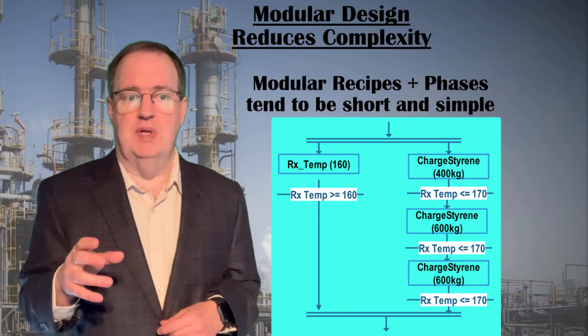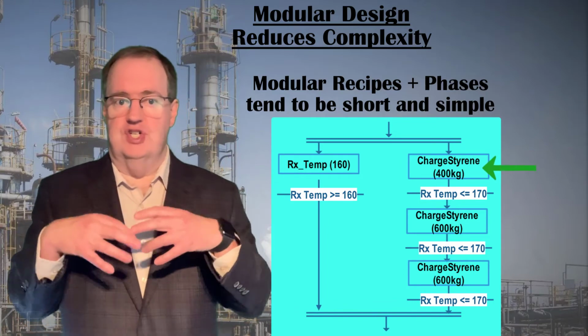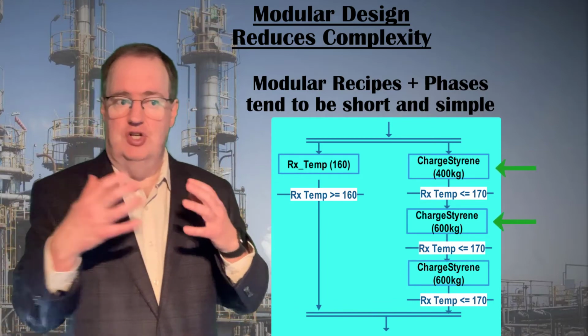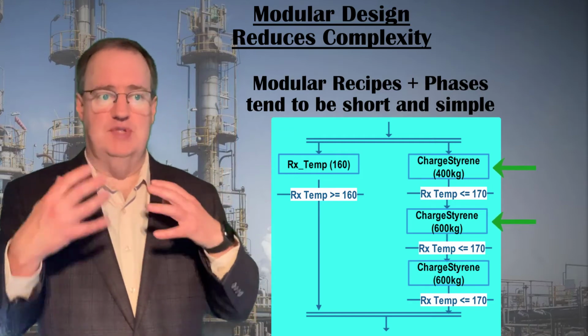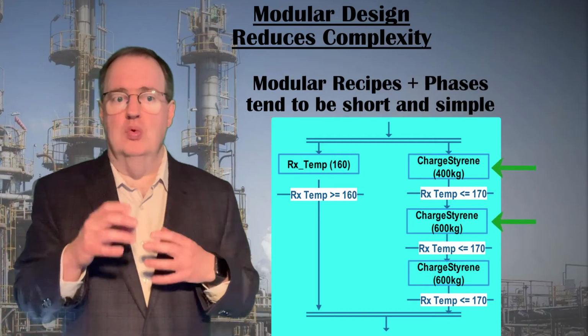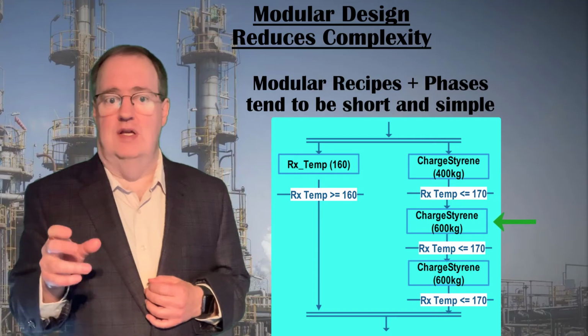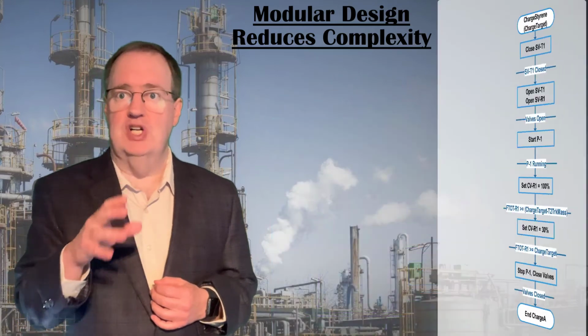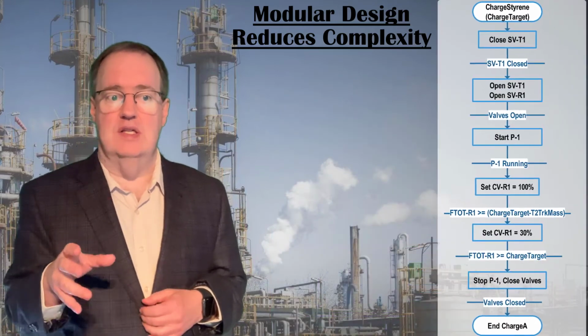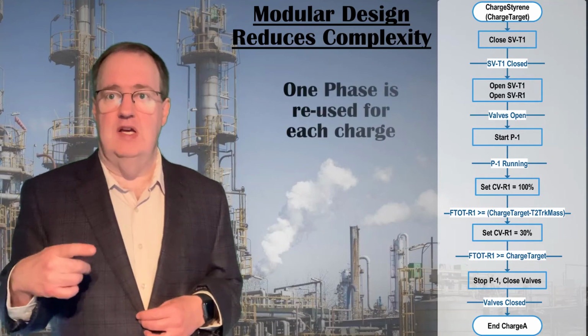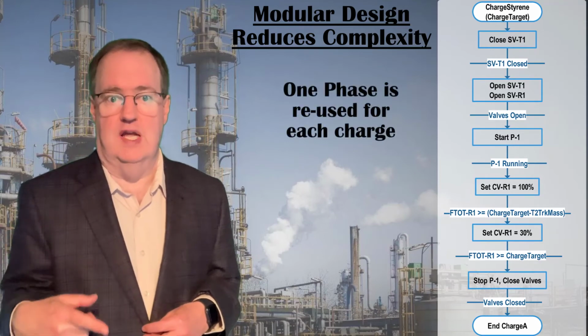In the unit recipe, that appears as charge styrene 400 kilograms, then charge styrene 600 kilograms, and so on. There's only one charge styrene phase. It knows how to charge however much styrene the batch needs. You reuse the same phase with a different target over and over again.